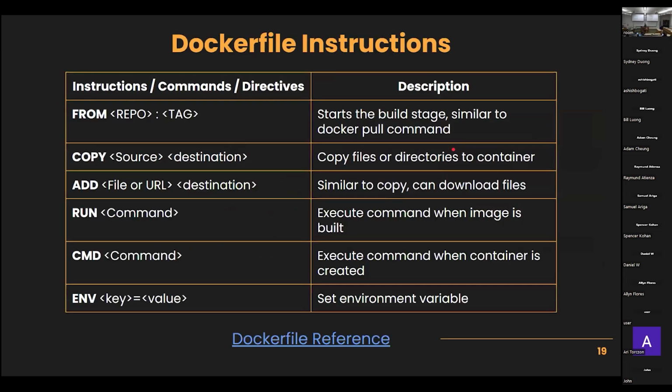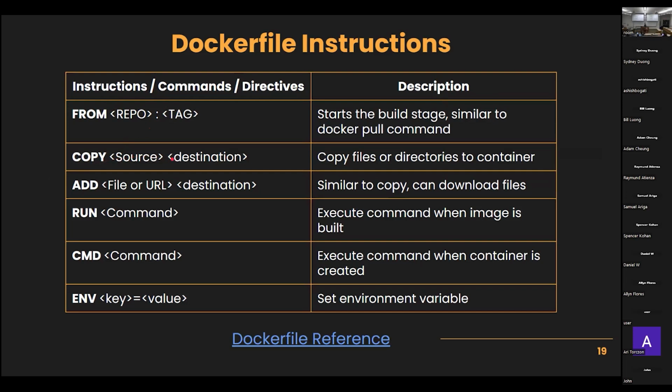As we'll see next up here, I give you the most important instructions slash commands. Like I said earlier, you have the FROM instruction, which usually you put at the start of a Dockerfile. It downloads all the images that you specify.